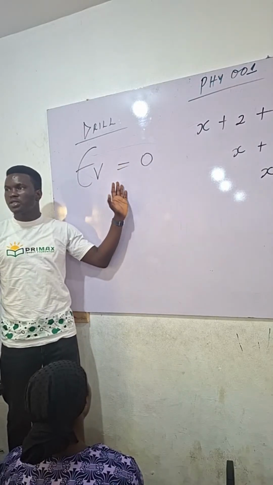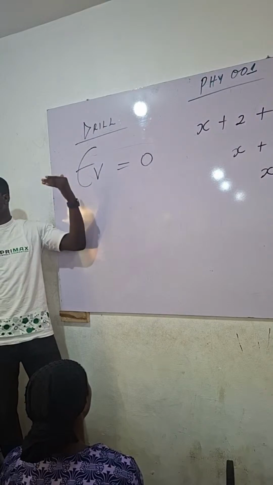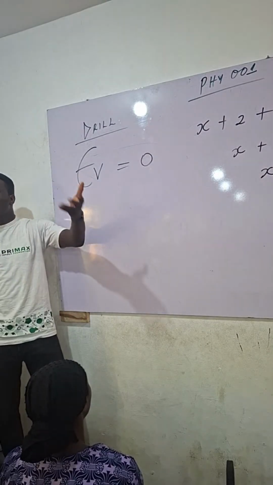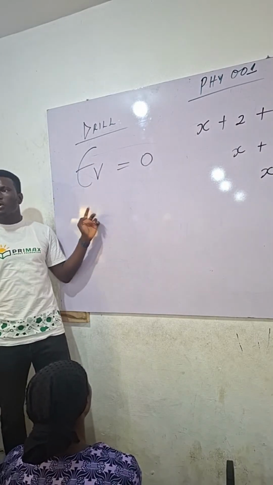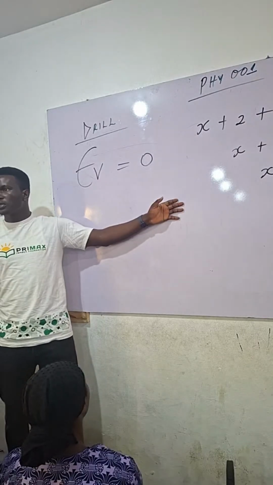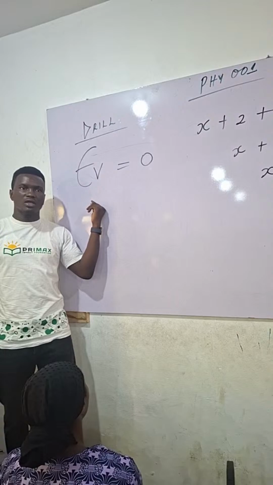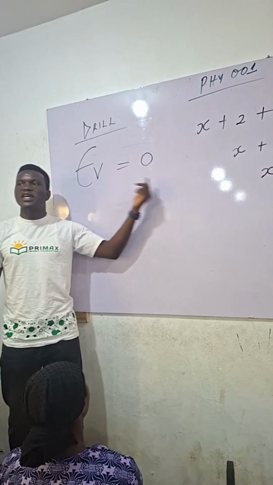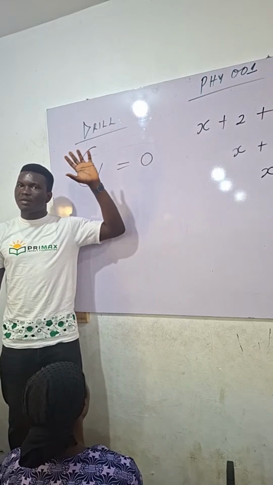I will explain it to you. But in your JAMB question, they might just ask which of the following is the second law of Kirchoff's. Then A, summation I equals 0. B, summation V equals 0. Do you get that? So for the second law, it will be summation V equals 0. But for the first law, it's going to be summation I equals 0. Do you get my point?